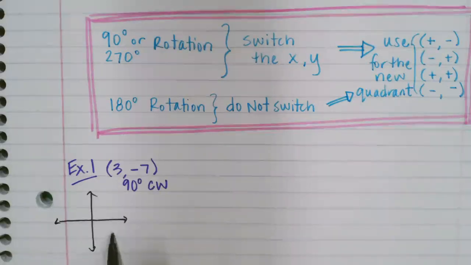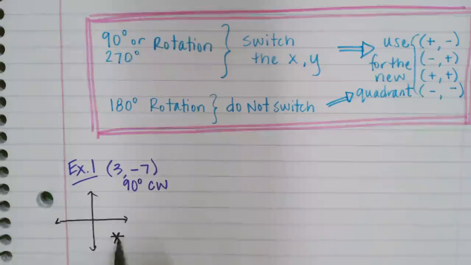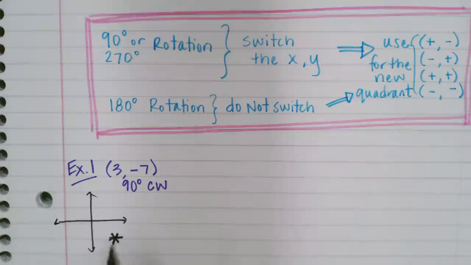So this is my starting point. I'm going to start right here. Okay? So these points down here are all positive, negative.